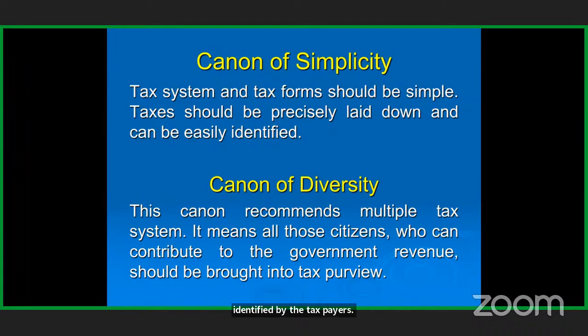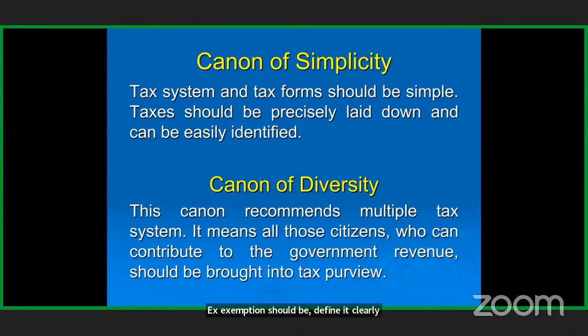So there should be absolute clarity without any ambiguity about tax laws, and a common man should be able to understand them easily without any difficulty. Tax exemptions should be defined clearly.